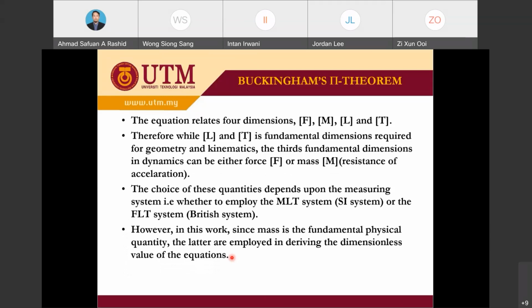So the equation relates the dimensions F, L, and T. Therefore L and T are the fundamental dimensions required for geometry and kinematics.